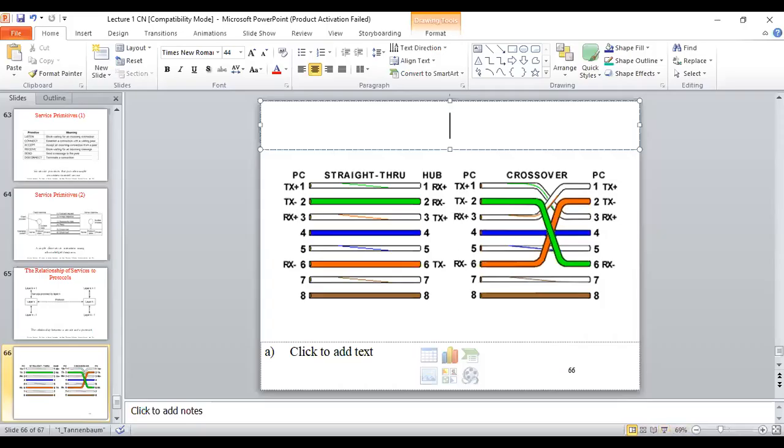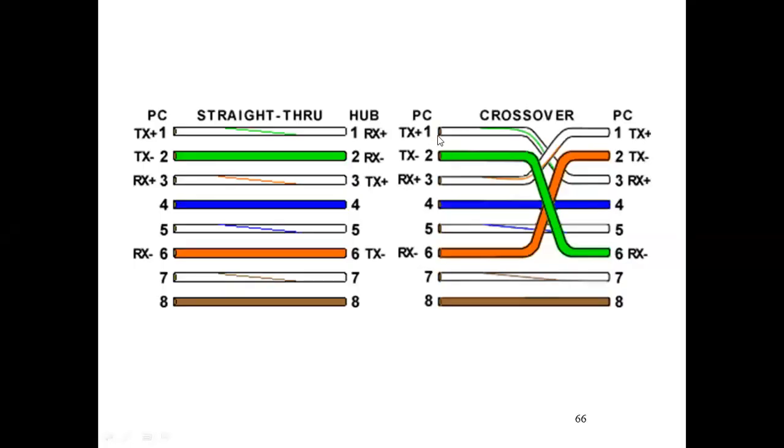This is what we are saying, that port one is connected with the third one, and two is connected with the sixth one. In the same manner, three is connected with the first one, and six is connected with the second one. So that is the rule when we are going to create a cross cable, right?